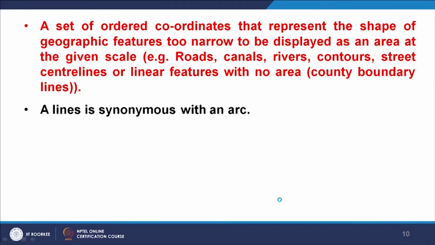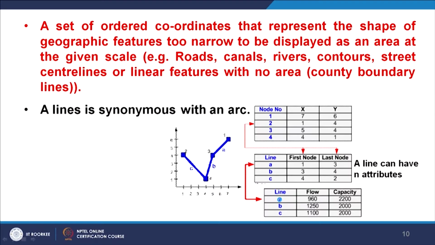Line is also synonymous with arc, and that is why the word is still continued in ArcInfo or ArcGIS. Suppose I have to store a line like this one: there is one begin node and end node, and in between we have two internodes. They are stored here in order, because it is one step higher in degree of complication.